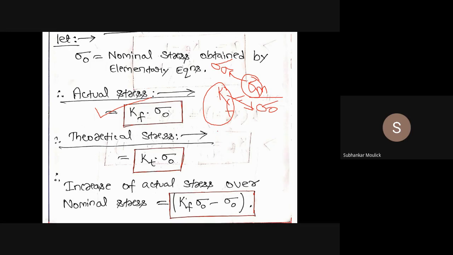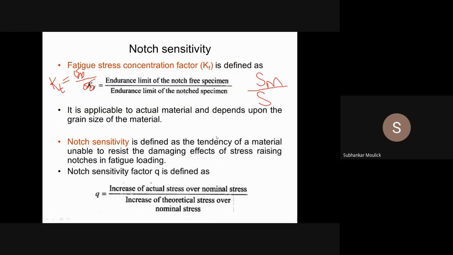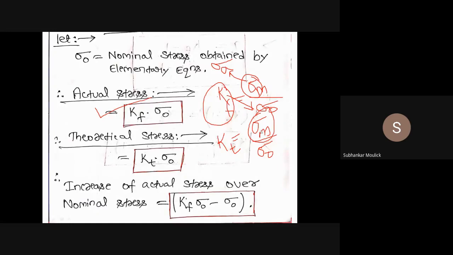If stress concentration takes place, then I know that stress concentration factor, which is a measure of stress concentration, is given by Kt is equal to sigma max by sigma nominal. Then the maximum stress or the actual stress present in any component due to stress concentration will be Kt into sigma naught, and that is the value of theoretical stress. Is it clear?